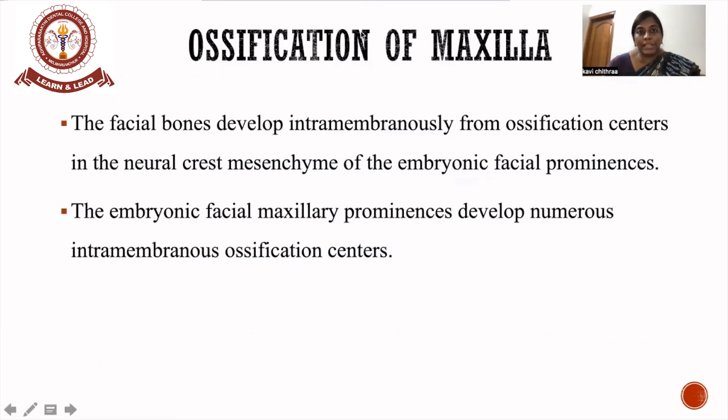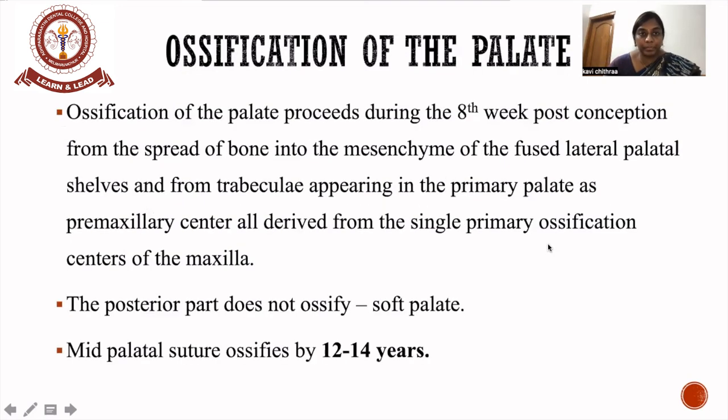So how does the maxilla ossify? Ossification occurs by a process called intramembranous bone formation, which means compact and spongy bone formation. They develop intramembranous ossification centers at numerous sites. So how does the palate ossify?